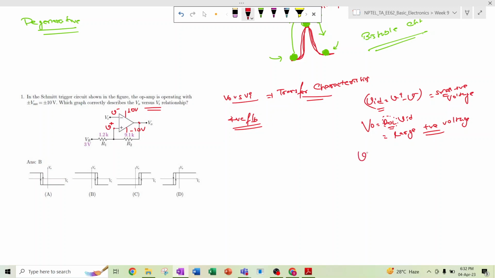So this V plus terminal is going high due to the positive feedback from the output to the non-inverting terminal of the op amp.